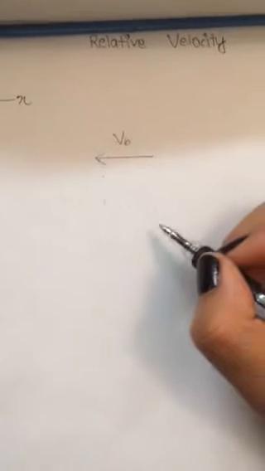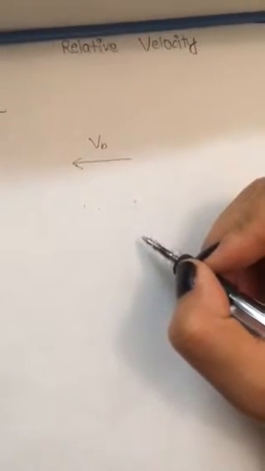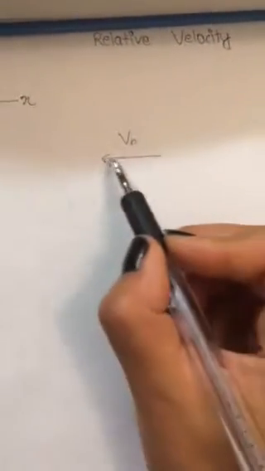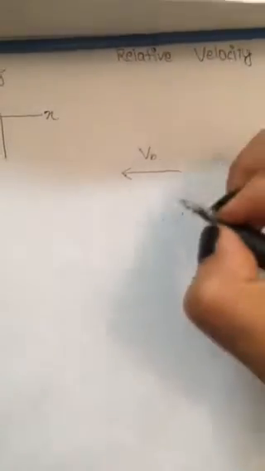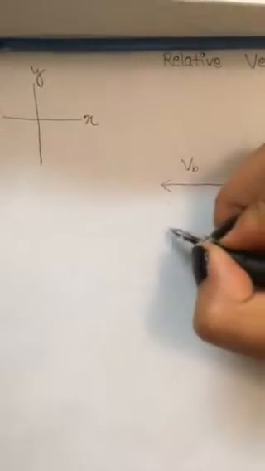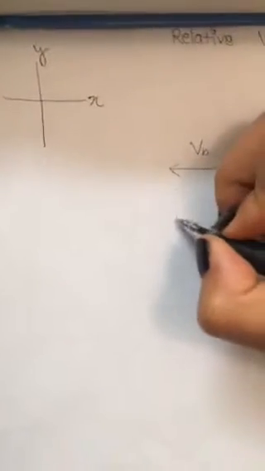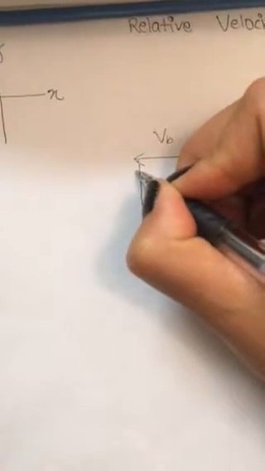Now for the cutter to move across the width of the glass, the cutter needs to move at a certain angle to compensate for the motion of the conveyor belt. So let's say that VF is moving towards the glass in the negative X direction that way.